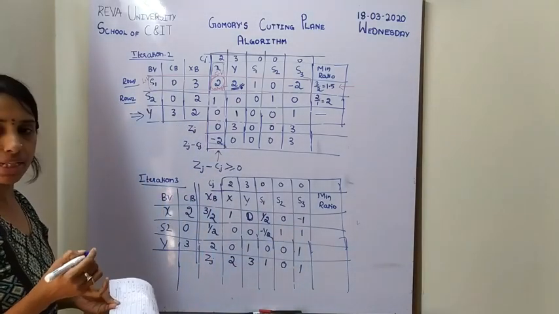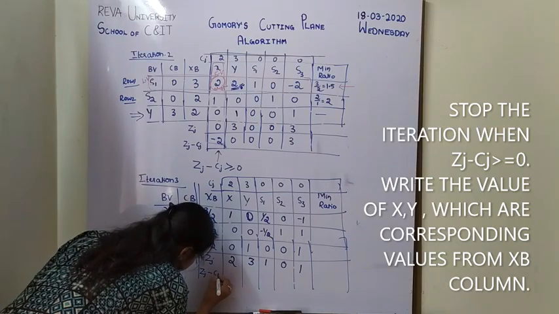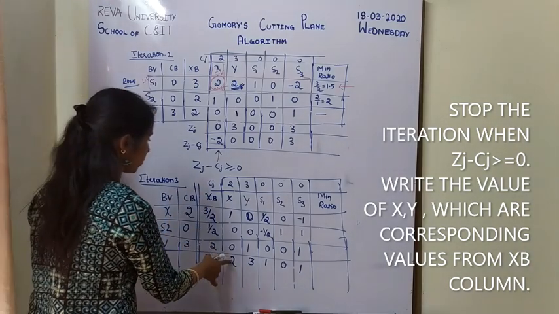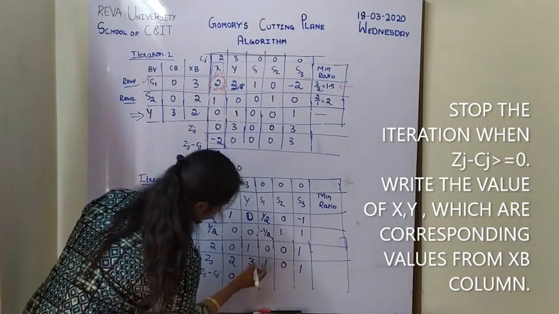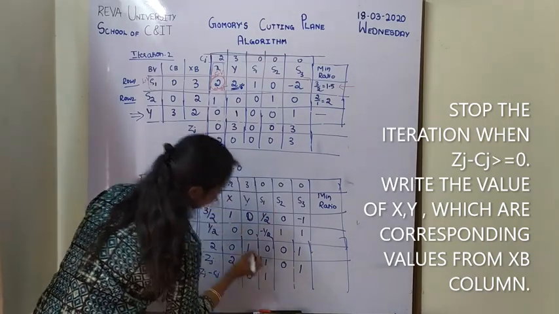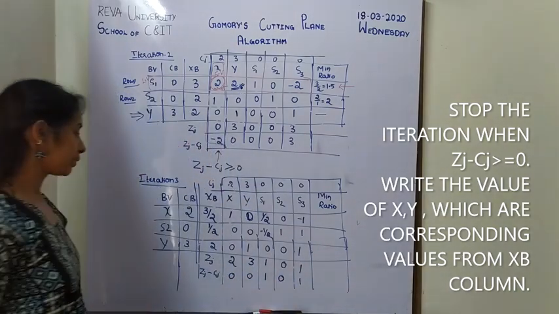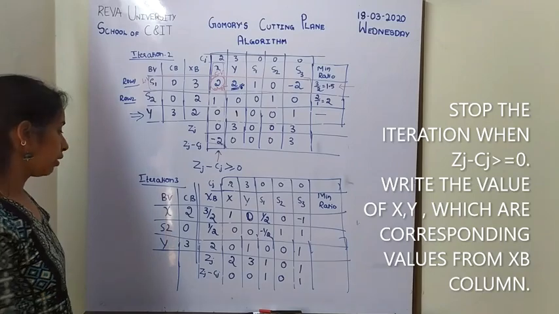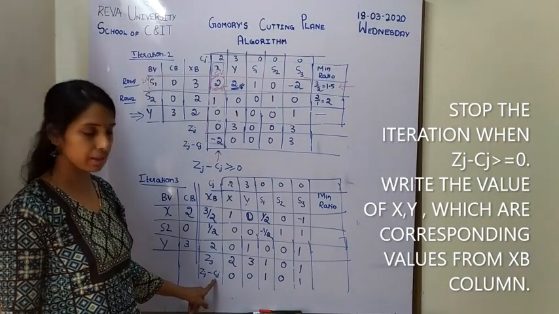Now, Zj minus Cj. 2 minus 2 is 0. 3 minus 3 is 0, 1 minus 0 is 1, 0 minus 0 is 0, 1 minus 0 is 1. Now, for the maximization problem, what is the optimality condition?